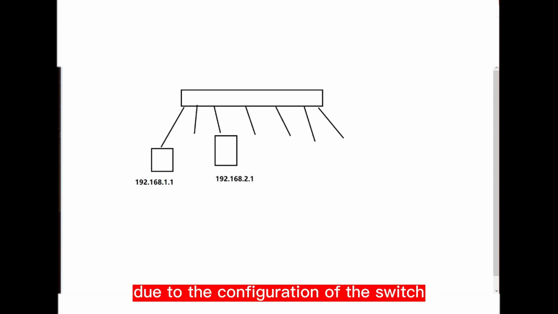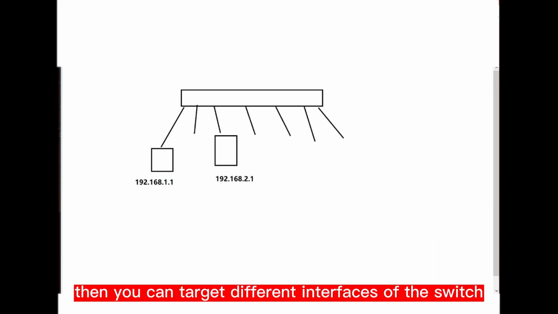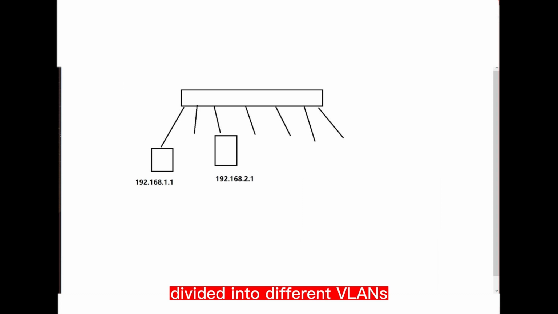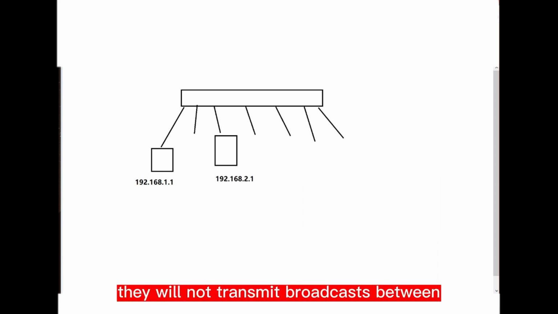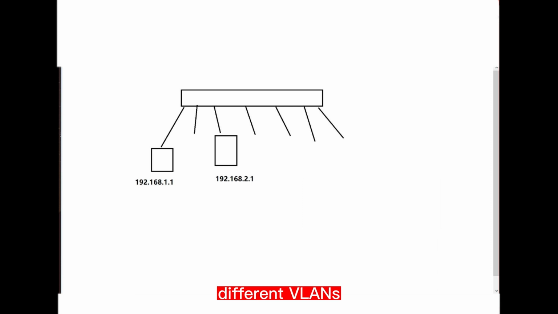Due to the configuration of the switch, you can divide different interfaces of the switch into different VLANs to control future broadcast traffic. The same is true for unicast traffic. That is, from which interface can all the traffic be sent out? They will not transmit broadcasts between different VLANs. So it can be isolated.